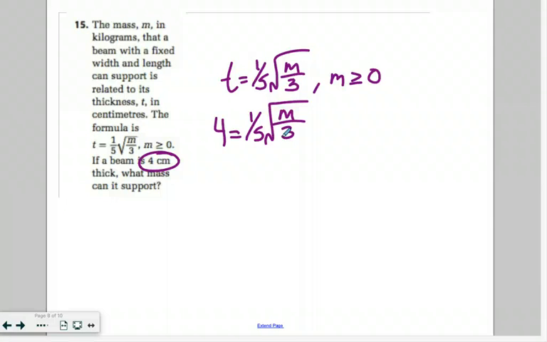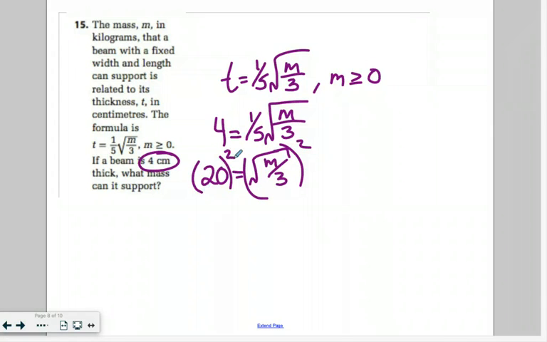Dividing by 1/5 is the same as multiplying by 5, so what we get is 20 is equal to the square root of m over 3. Now we can square both sides here, and 20 squared is 400, which now equals m over 3, and multiply both sides by 3 to get m by itself, and what we get is 1200 equals m.